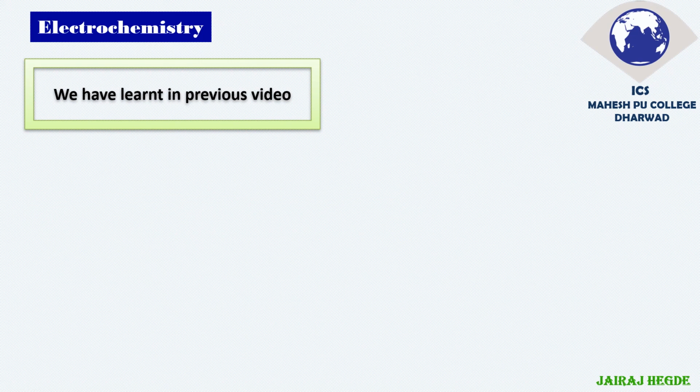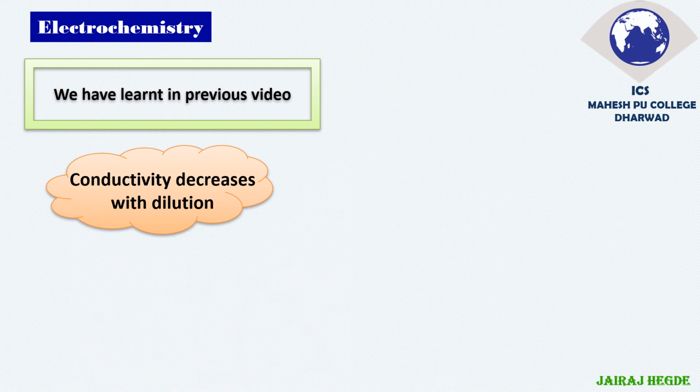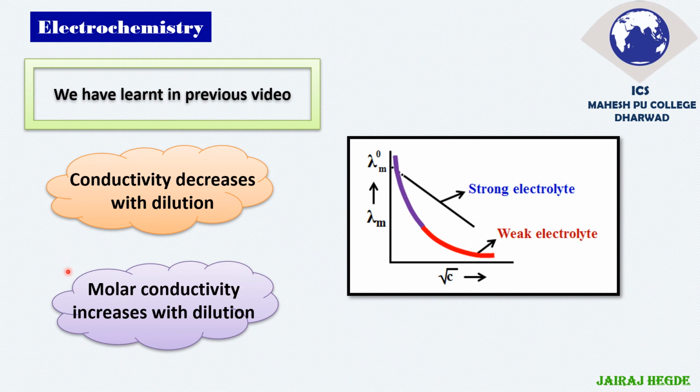In the previous video we have learnt 2 points. One is the conductivity and molar conductivity, how it varies with dilution. As we already know, the conductivity or specific conductance decreases with dilution, and molar conductivity increases with dilution.